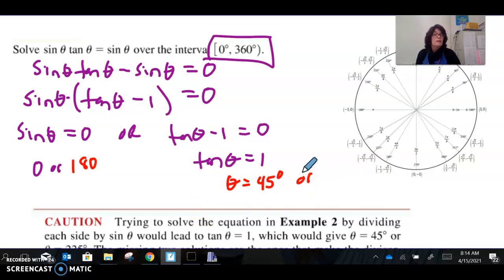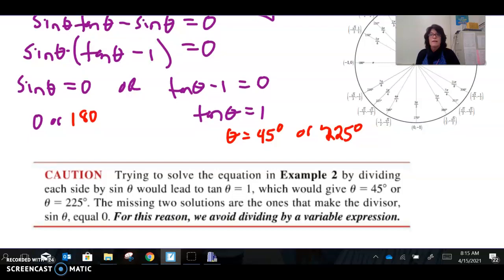Where else is tangent positive? In which quadrant? Third, right? So what's that? 135, or 225 degrees? Okay, so we have 4 answers. 0, 180, 45, 225. Any of those answers, the sine theta times the tangent of theta will equal the sine of theta. Okay? See what they're cautioning us about here.